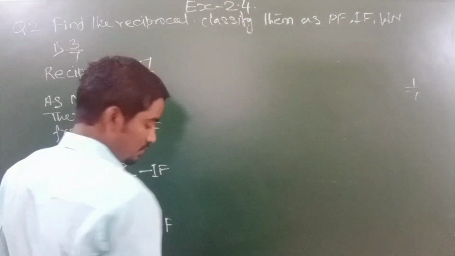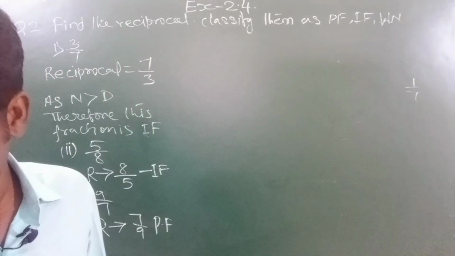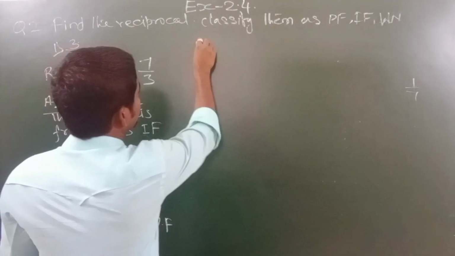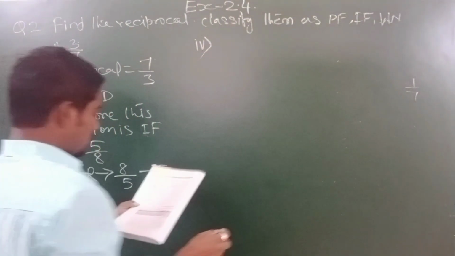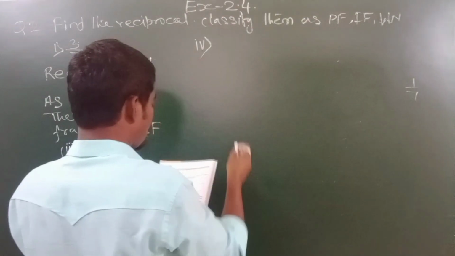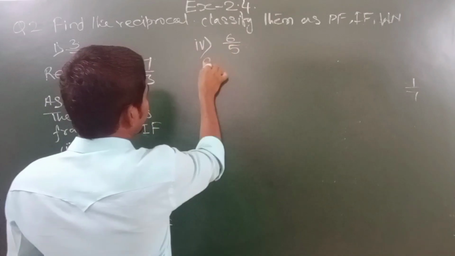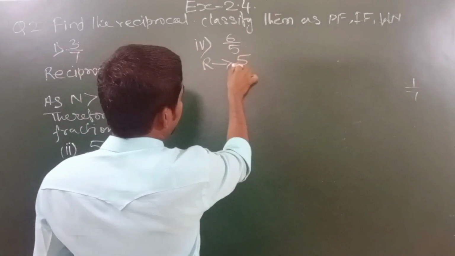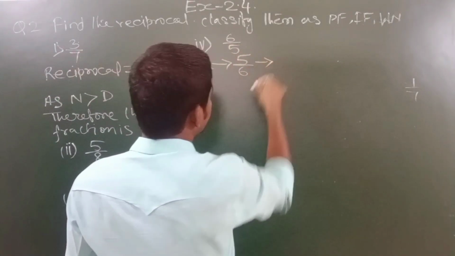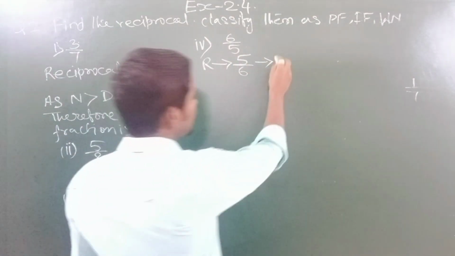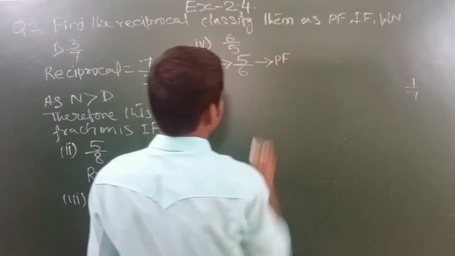Now moving to the next segment, students. The fourth segment is 6 upon 5. If you find its reciprocal, it will become 5 upon 6. Again you can see, students, that 5 is less than 6 and hence it will be a proper fraction.